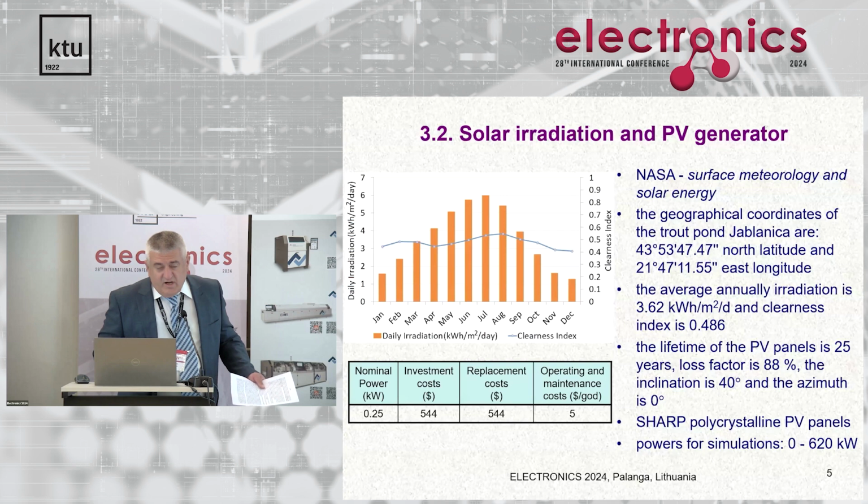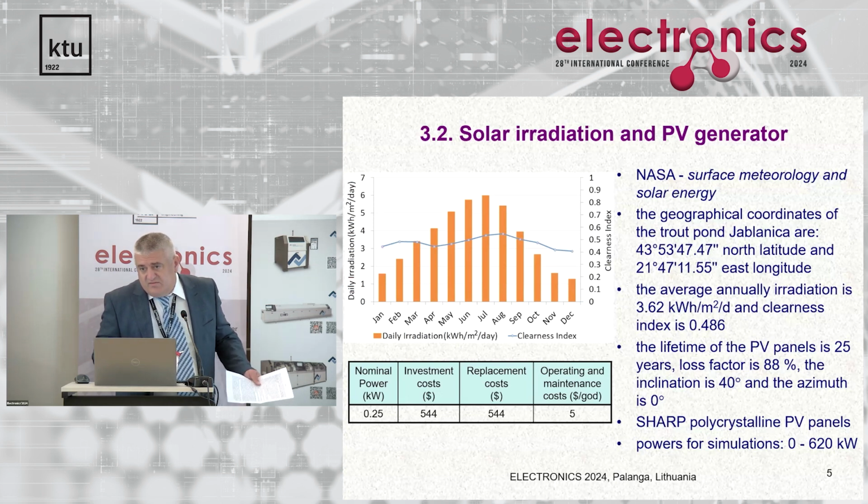And we are talking about renewable sources. The main source of energy is sun energy, solar energy. And for this study, it's important to have some diagrams related to meteorological parameters like solar irradiance and clearness index and similar.